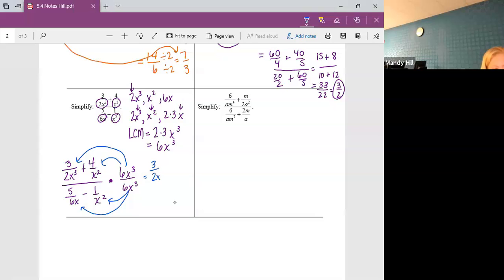So 3 over 2x to the third times 6x to the third, plus 4 over x squared times 6x to the third. 5 over 6x times 6x to the third. 1 over x squared times 6x to the third.